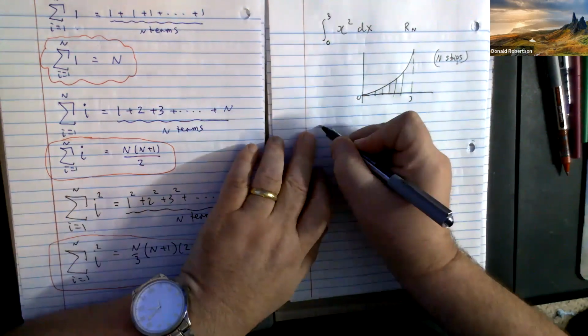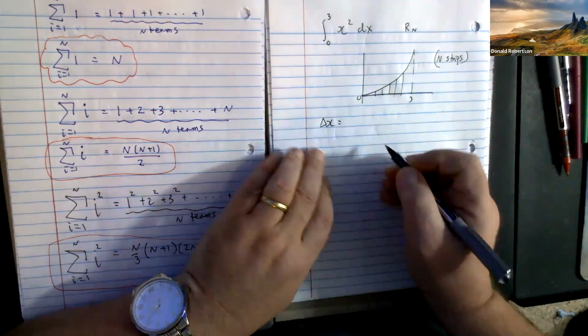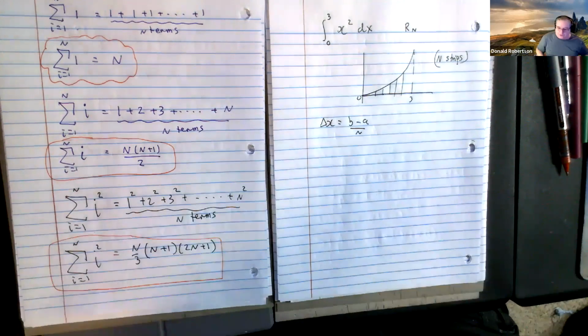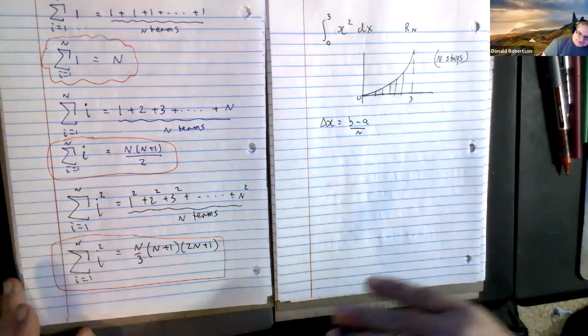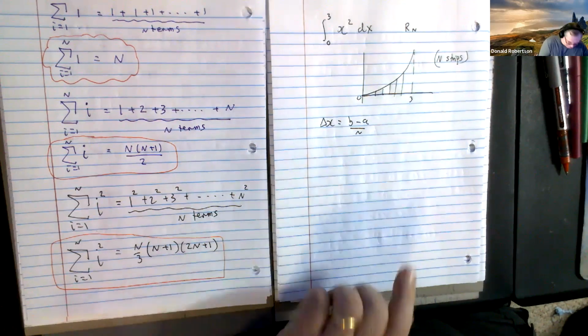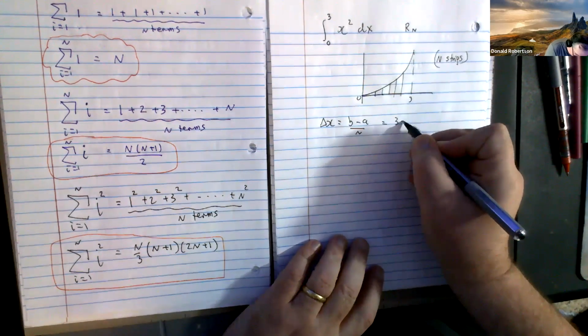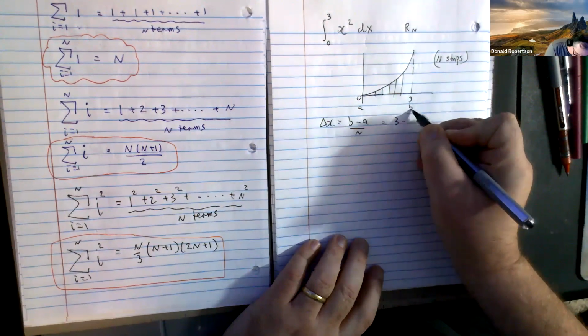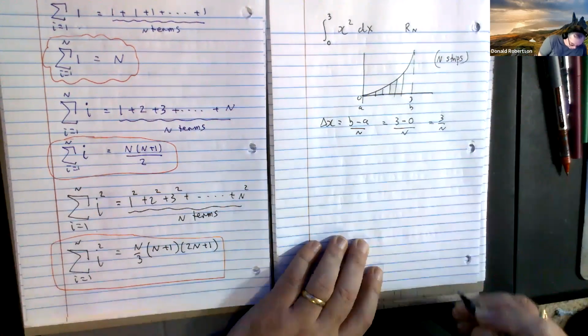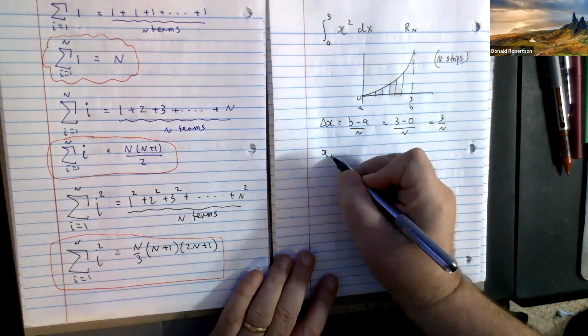So I need to know how wide each strip is. Well, we have a formula for that, which is that one. So those who've seen the earlier questions on the beginnings of Riemann sum will recognize that. In this case, it's 3, because that's a and that's b. Take away 0 over n, it's 3 over n. We then have another guy called xi.